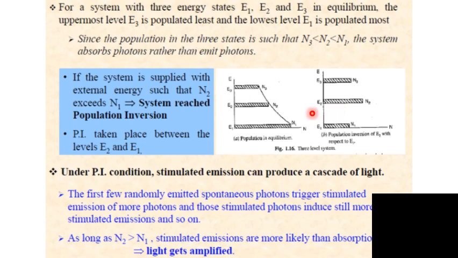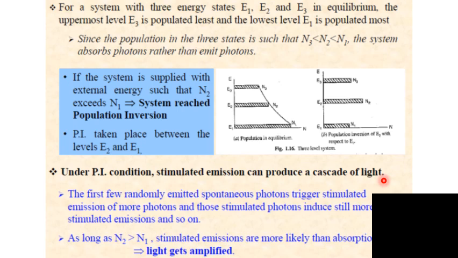When this population inversion happens, stimulated emission will occur, and stimulated emission will further stimulate other excited electrons to come down. When the other excited electrons come down to the lower state, a lot of photons will be emitted. So it means under population inversion conditions, stimulated emission can produce a cascade of light.